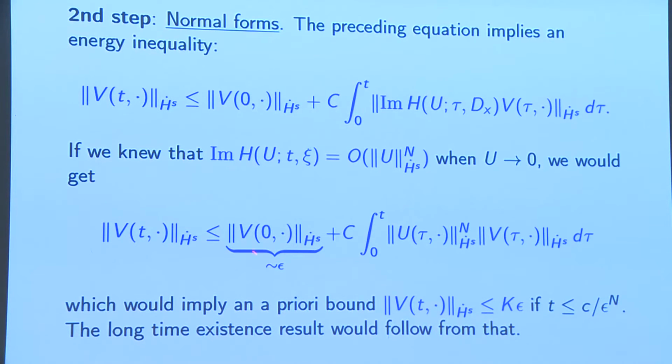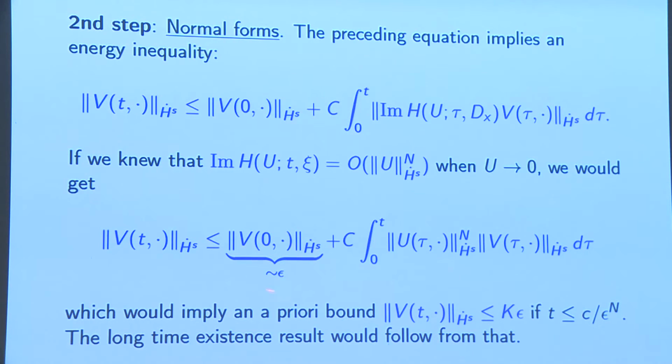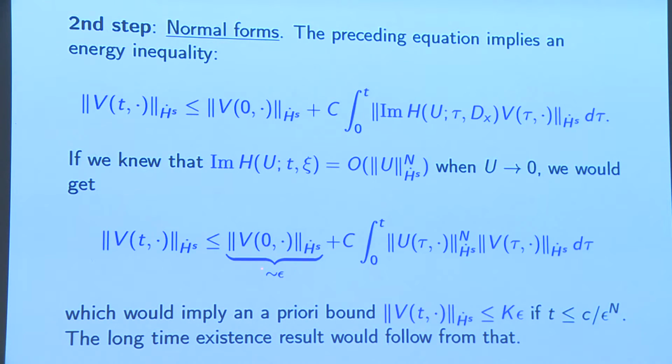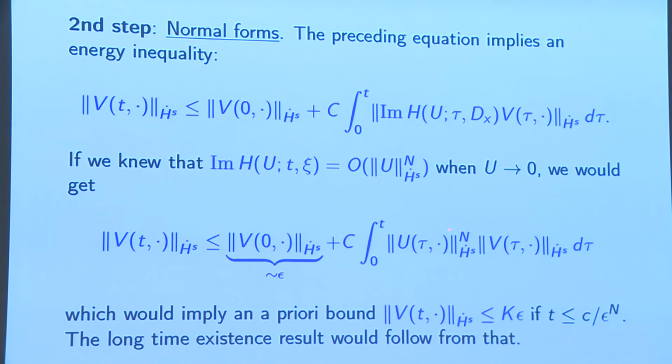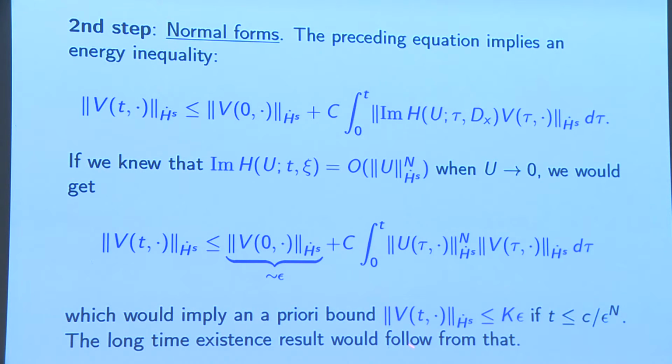And since we work with Cauchy data of size epsilon, and since we aim at propagating the fact that the solution stays of such a size over some time interval, morally in this interval, this norm of u to the n is of size epsilon to the n, so that some elementary bootstrap argument will show you that if you consider this inequality only for times smaller than c divided by epsilon to the n for small positive c, then you will be able to prove an a priori bound saying that the left-hand side is smaller than k times epsilon, where k is some fixed constant.